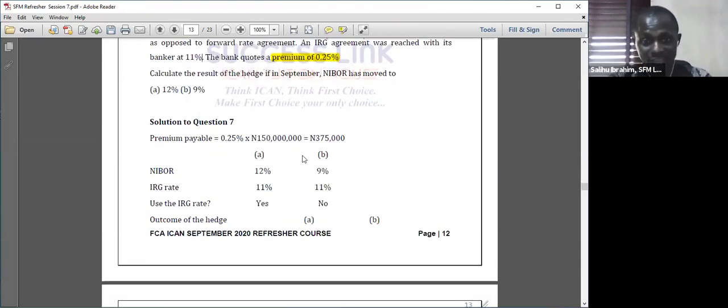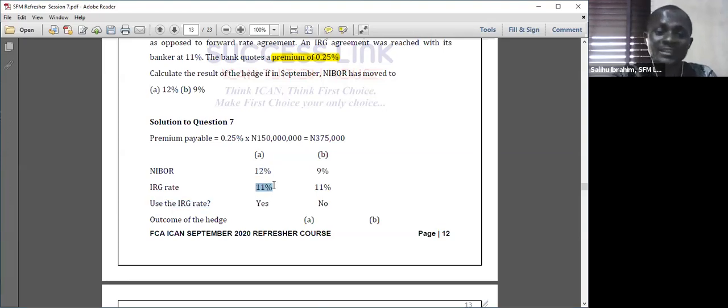Situation A, situation B. For situation A, on the transaction date, NIBOR has increased to 12%, and for B, on the transaction date, it has changed to 9%. And what is the rate in the IRG? In the IRG, the rate is 11%. Okay, on my transaction date, is it better for me to borrow at 12% or to borrow at 11%?